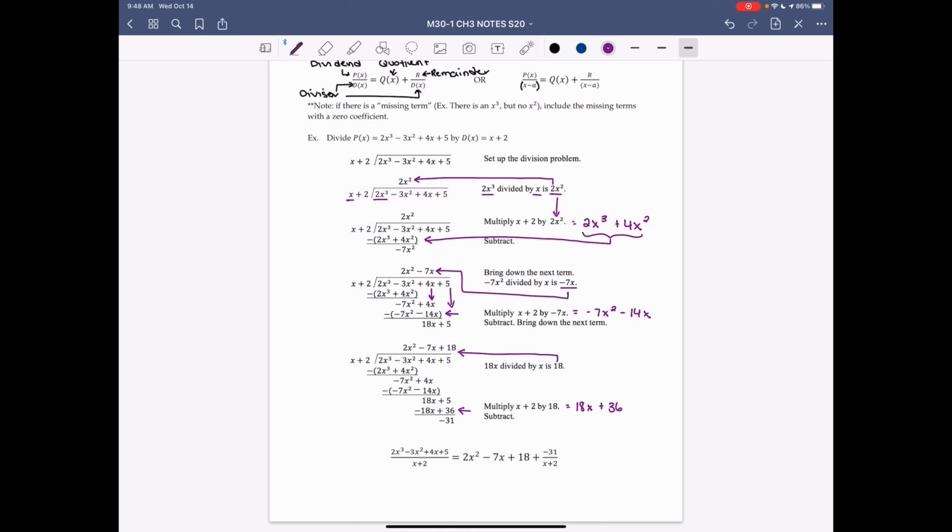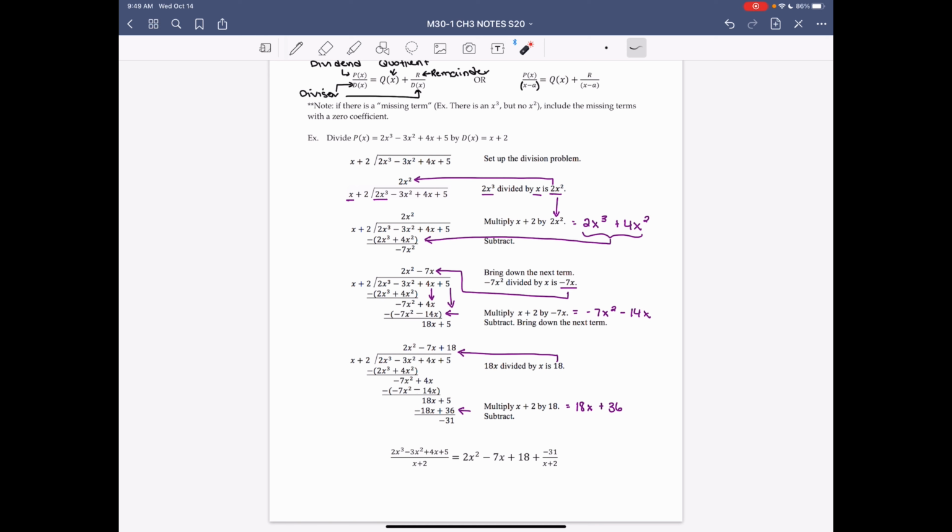18x minus 18x is 0. That first term again needs to always be 0. 5 minus 36 is negative 31. We no longer have an x term here, and we also don't have any more terms to carry down. So we know that we're done because we can't divide this constant term by this binomial x plus 2.